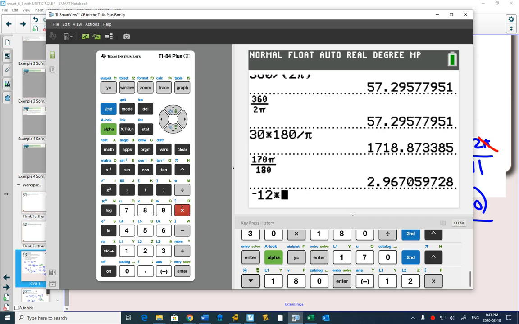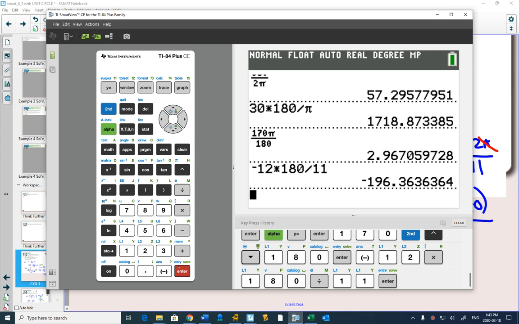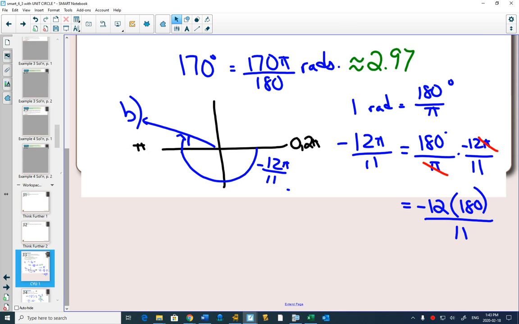Negative 12 times 180 divided by 11. Negative 196 degrees. Does this look like negative 180 plus another 16 degrees? Negative 196 degrees.